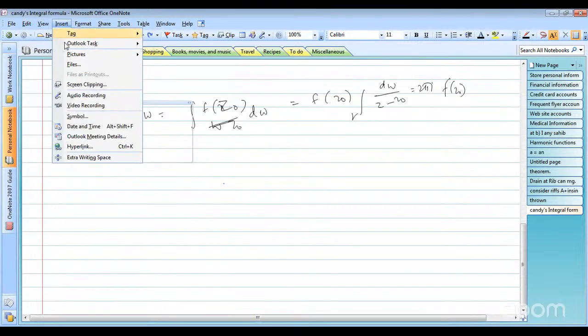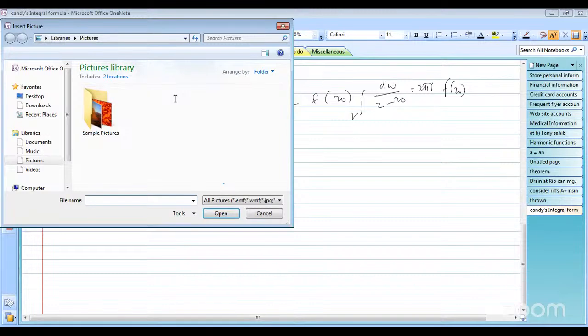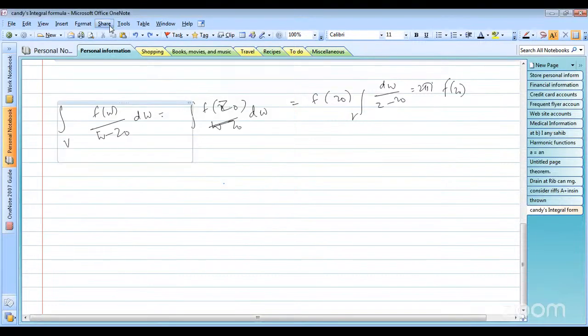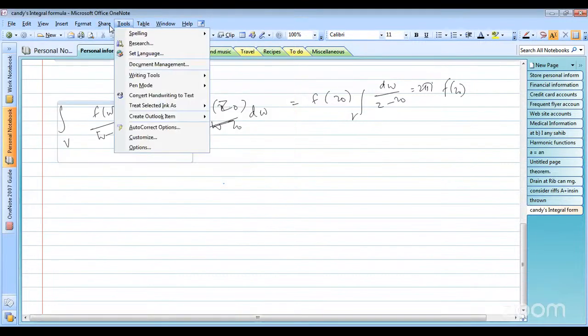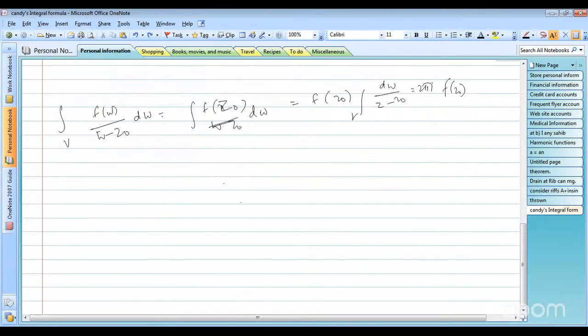I'm taking the pictures. So this is one circle I'm taking.